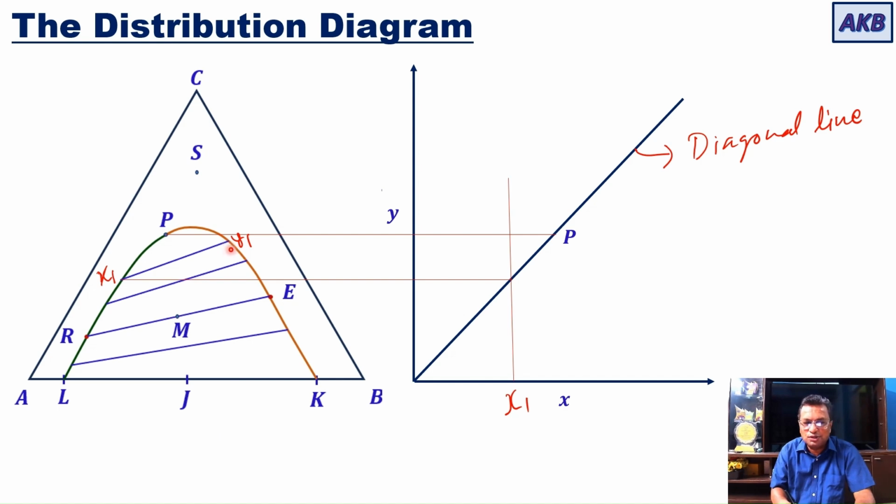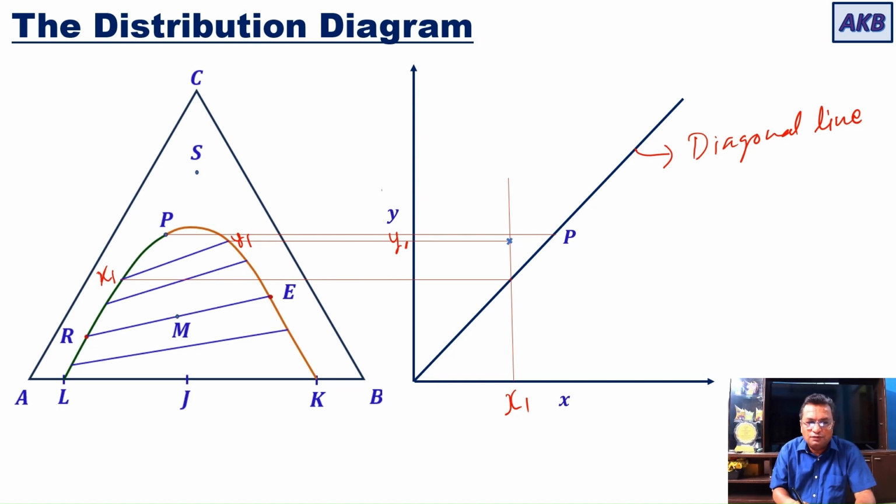So for that, I will draw a horizontal line till I meet the vertical line that I have drawn through X1. And in that process, I am going to get this point. So this will be Y1. This is Y1. So the coordinates of this point are X1 and Y1.